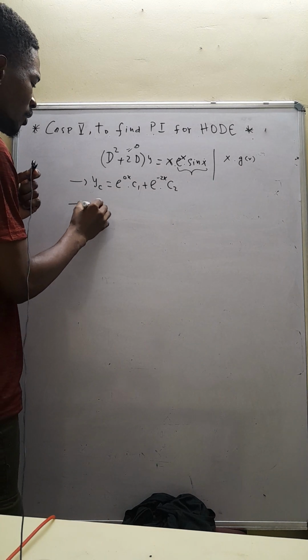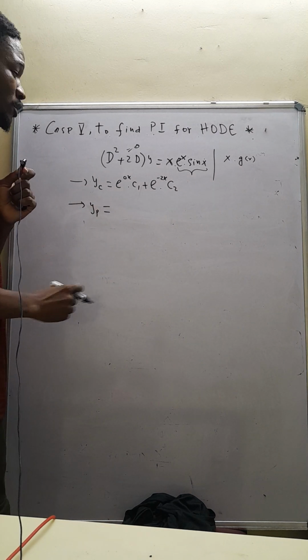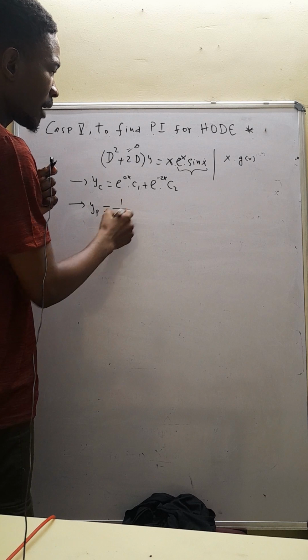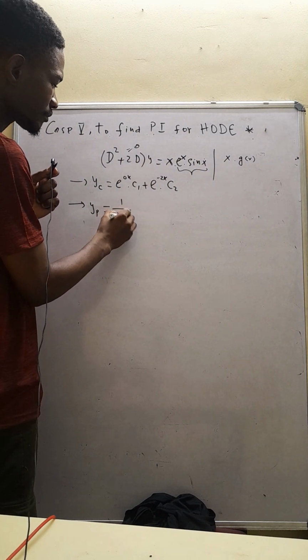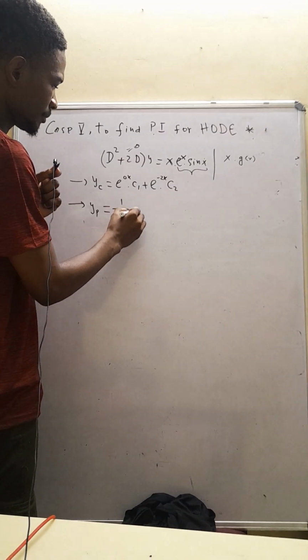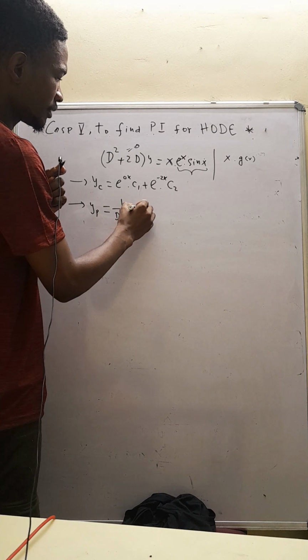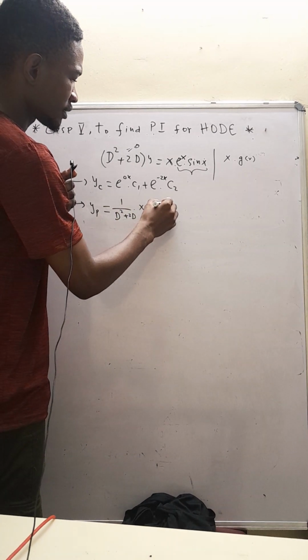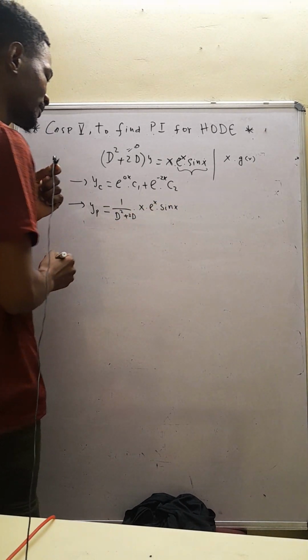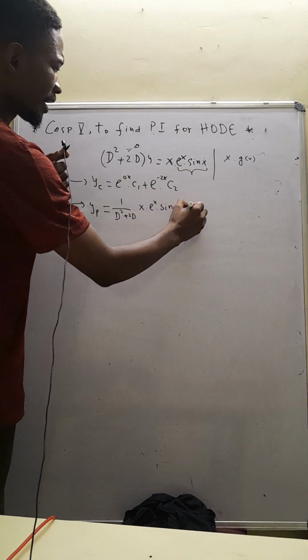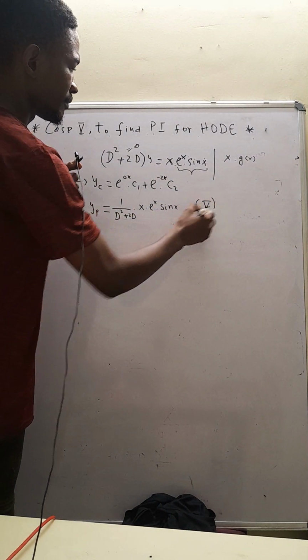So what will be my yp? yp here will be 1 upon f of d square plus 2d times x Euler x sine of x. So we will apply case number 5.